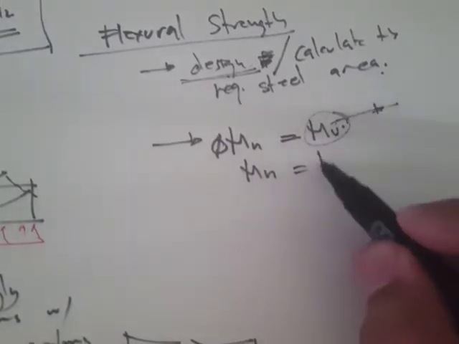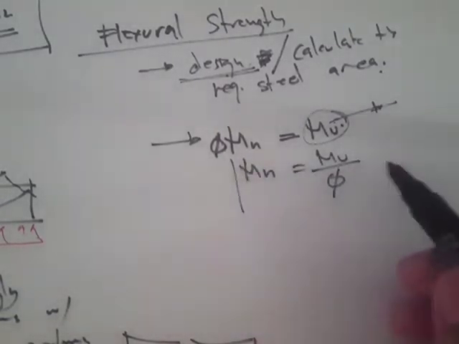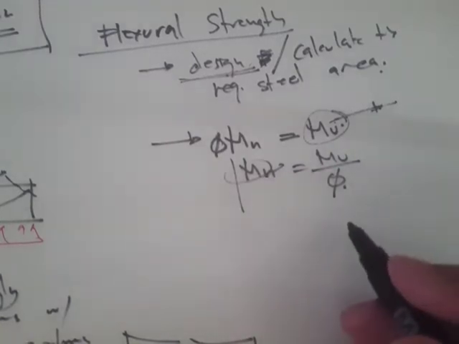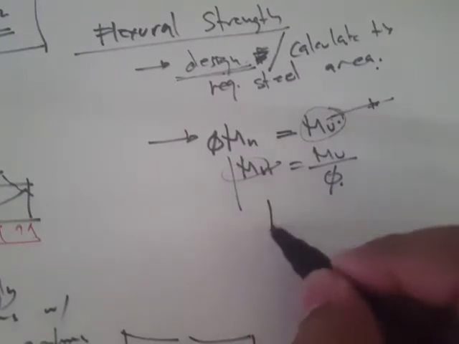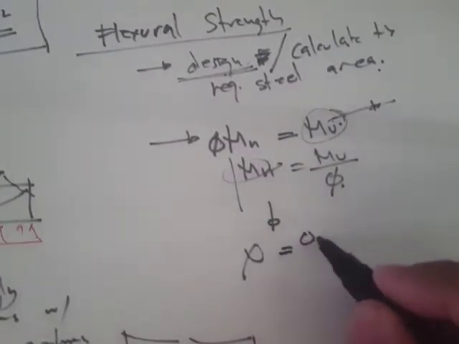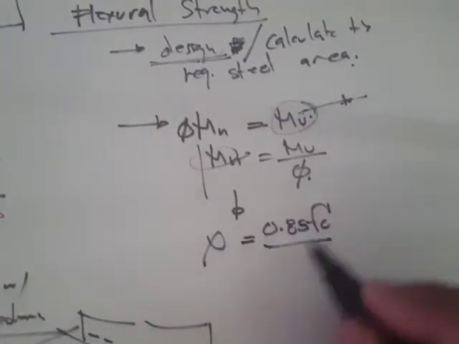If you have this and you assume a reduction factor, let's say tension controlled, then you can obtain the nominal capacity. Once you have the nominal capacity, you can solve for rho, for the steel area, given by this equation with 0.85 fc' over fy.